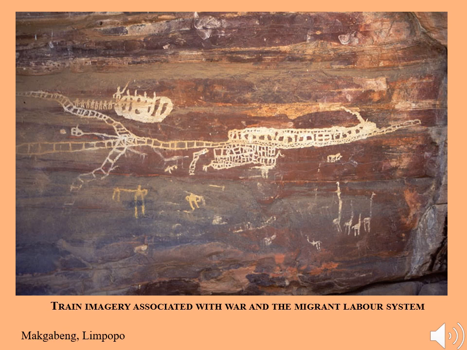So, according to Ben Smith's interpretation, the train is seen as a kind of monster that comes up to this part of Limpopo province and snatches away the young men and takes them to the mines. So that is as part of the migrant labor system.